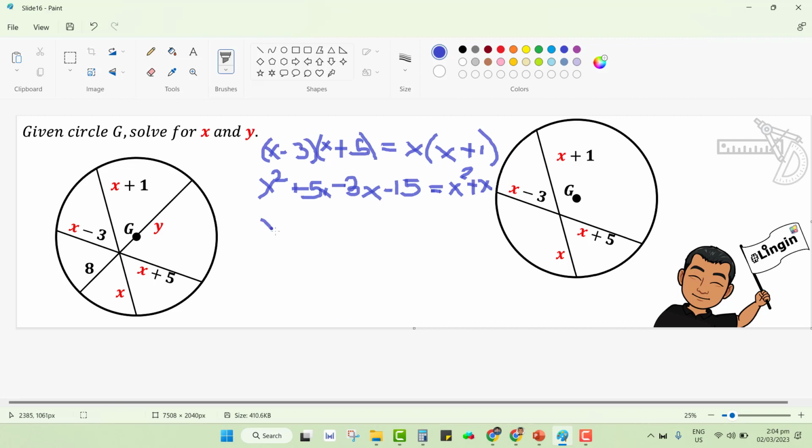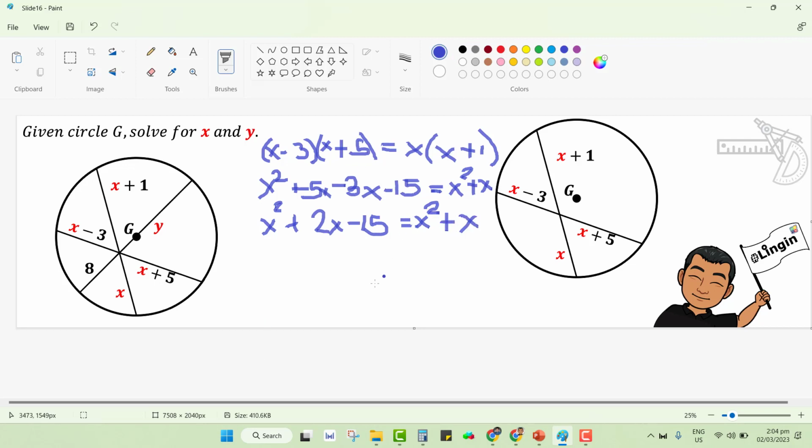So here you will have a quadratic trinomial, x squared plus 2x minus 15 equals x squared plus x.